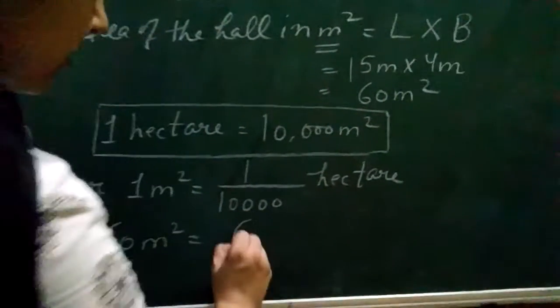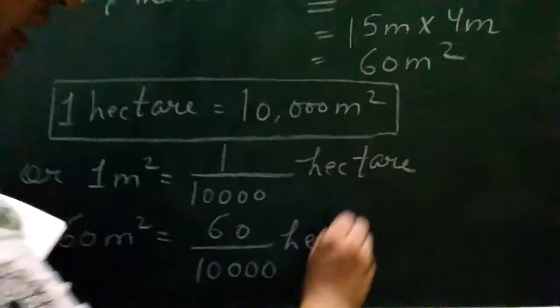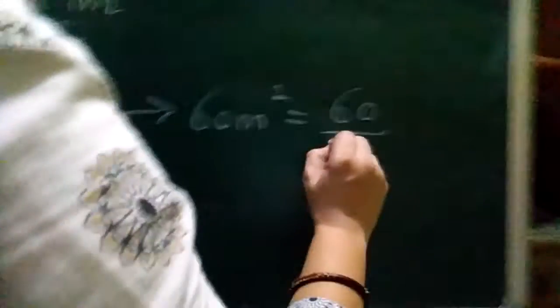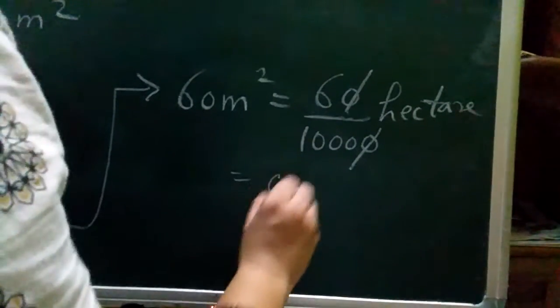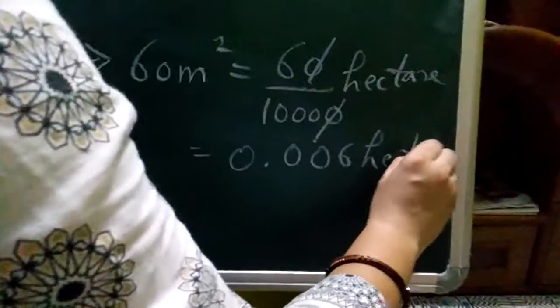60 meter square is equal to 60 divided by 10,000 hectare, which is 60 upon 10,000 hectare, and when you divide it gives you 0.006 hectare.